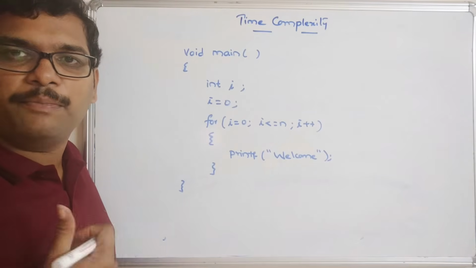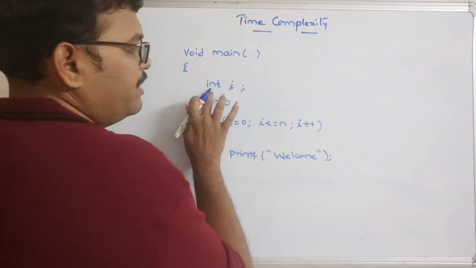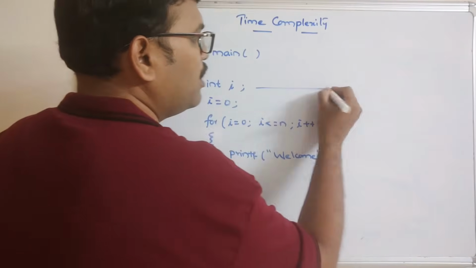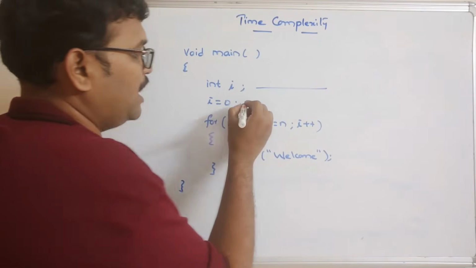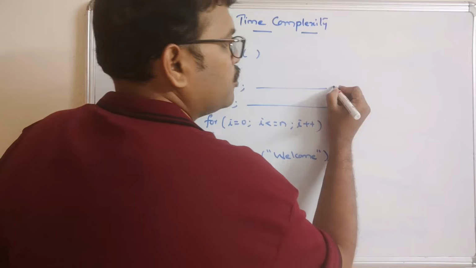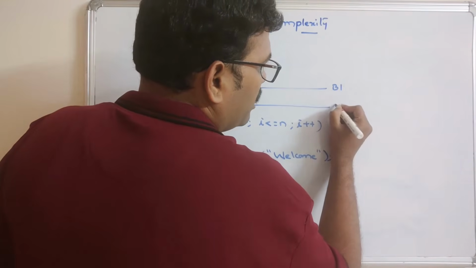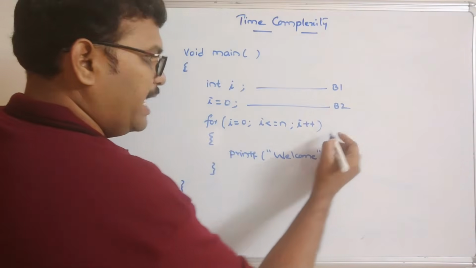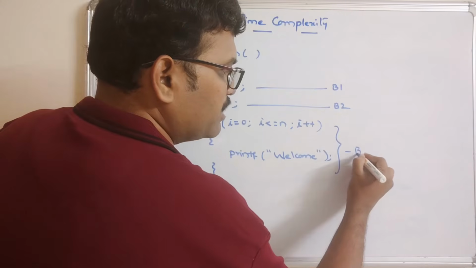Now how to find the time complexity? See, this is the declaration. This will be one block, and this is another block. So you can consider it as block 1, block 2, and this completely comes under block 3.